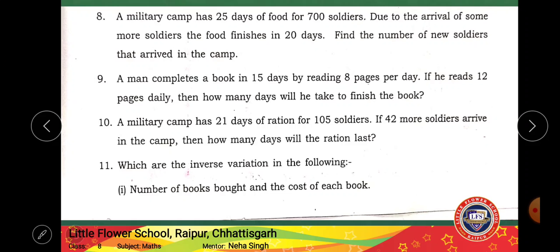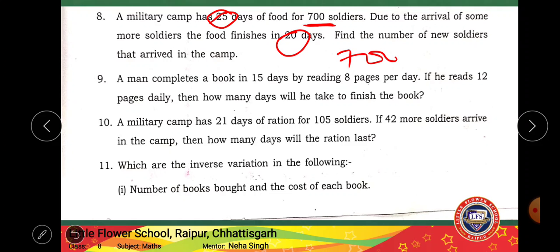Okay, a military camp has 25 days of food for 700 soldiers. 700 soldiers के लिए food 25 days चलेगा, इतना एक military camp में food है. Due to the arrival of some more soldiers, the food finishes in 20 days.